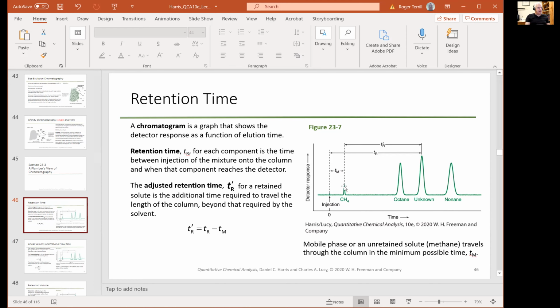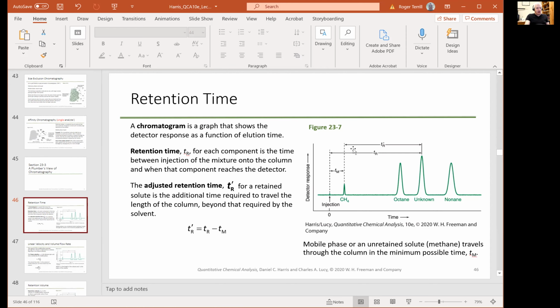And the dead time is the time that it takes for an unretained analyte to get through the column. So dead time in HPLC, you might mark it with water, because water is completely unretained. It just goes right on through and then blip. It doesn't retain at all. And same here with methane, because methane is a gas, it barely retains at all, right?